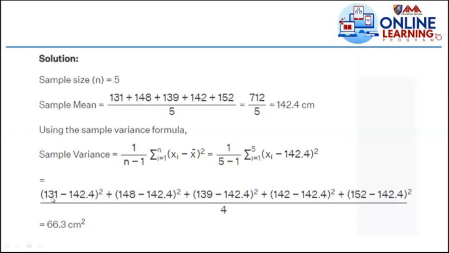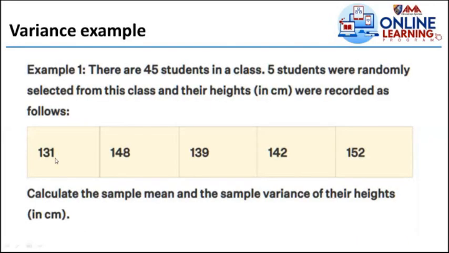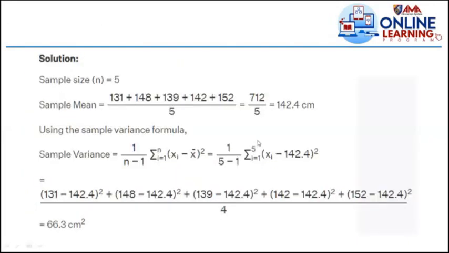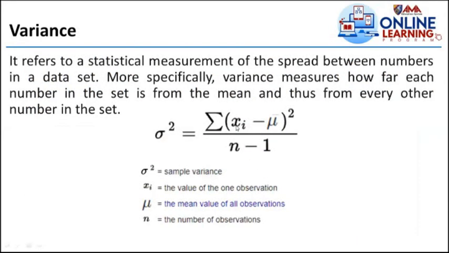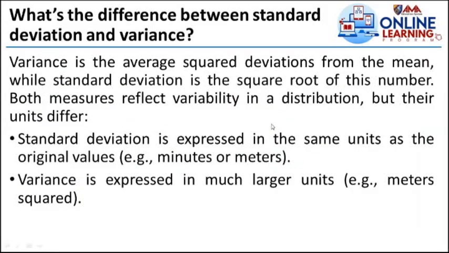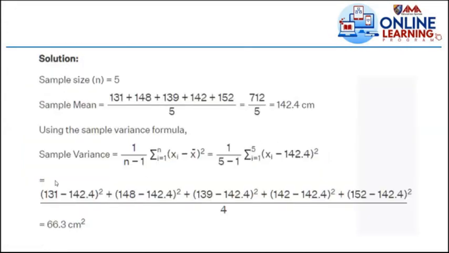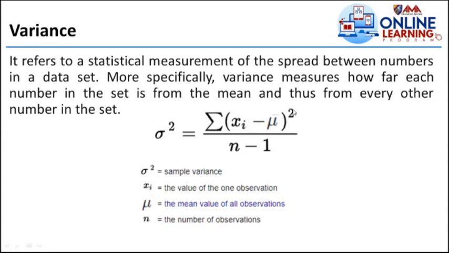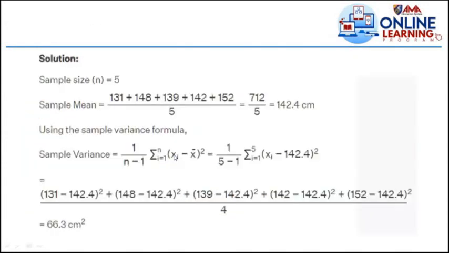Xi, we have 131. 131, ito yung pinakauna. Minus your mean, ito yun, no? Summation siya. Ito yung unang data, observation, minus yung mean. So ito siya, no? 131 minus 142.4 and then squared. Yun siya. Okay? Tapos, 148. Ito yung second data, no?